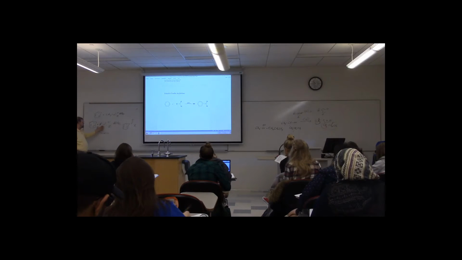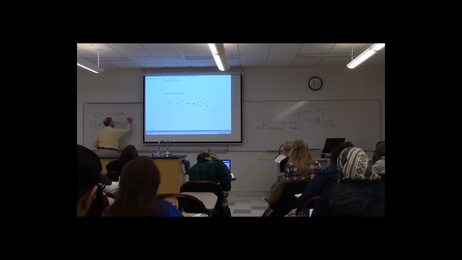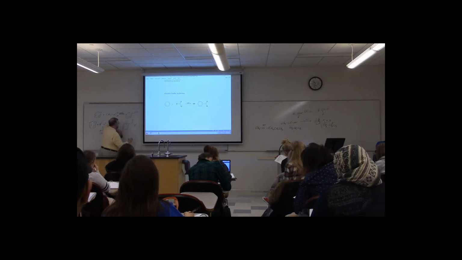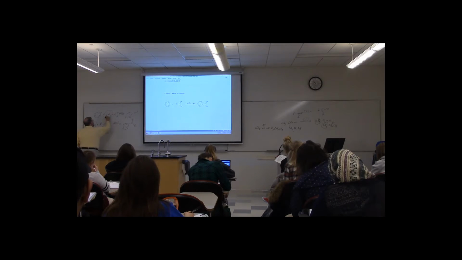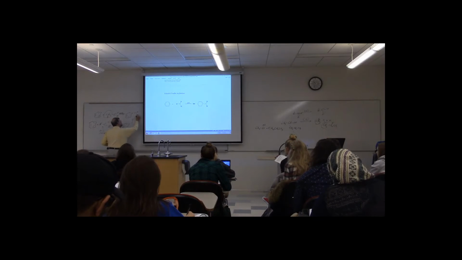This is Friedel-Crafts acylation. And what I get is my benzene ring, a carbonyl, and then what's my R group? In this case, methyl. And that's how you do it.